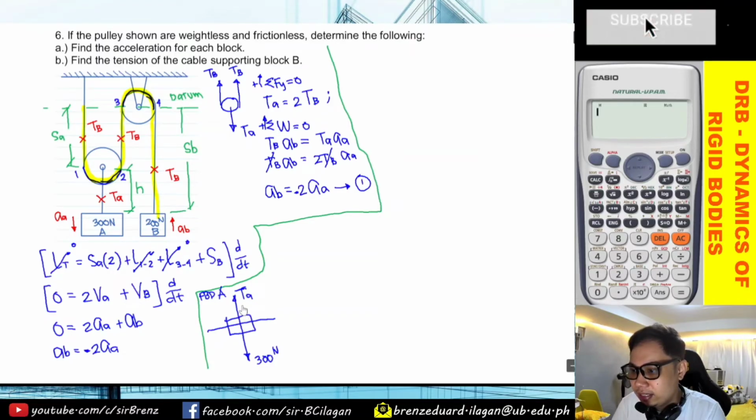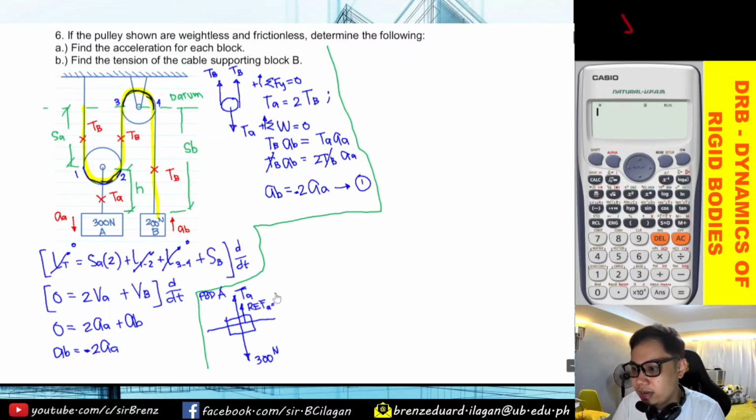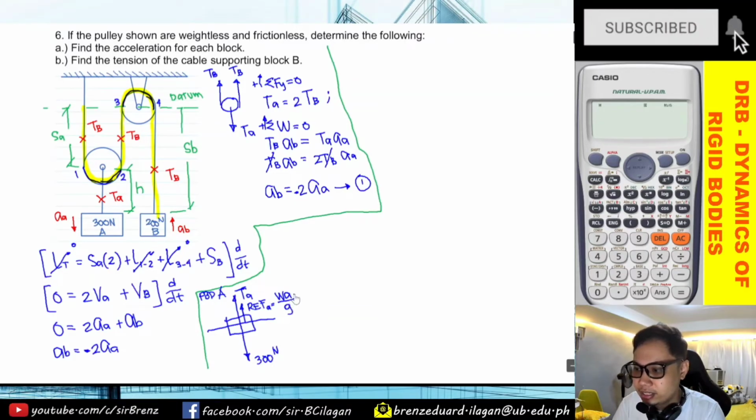So lagay ko na lang dito sa gilid ha, para hindi mag-overlap kay A. Ayan. So meron ka ditong REF for block A. So again, that is equals lang sa weight times the acceleration over the gravitational acceleration. So, ito acceleration ng block A. Ay, sorry. A nga rin pala yung weight. So, ano na lang natin? Sub A. Ayan.